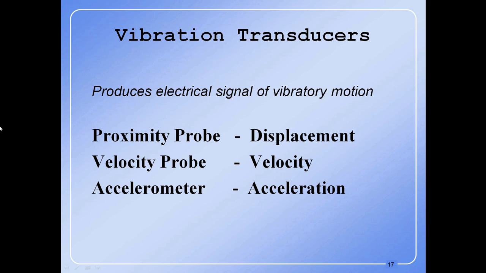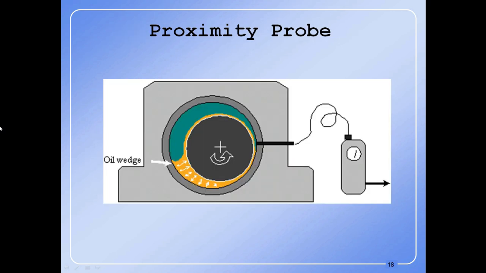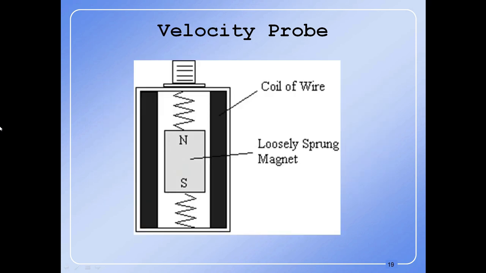Proximity probe measures displacement, velocity probe measures velocity, accelerometer measures acceleration. For the proximity probe, you can see the picture, oil wedge. Velocity probe: coil of wire, loosely strung magnet.